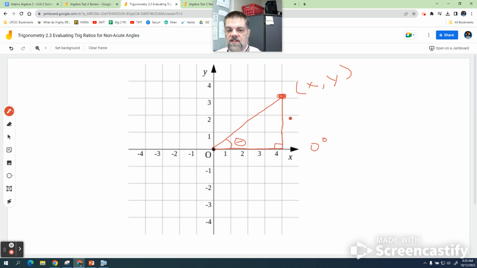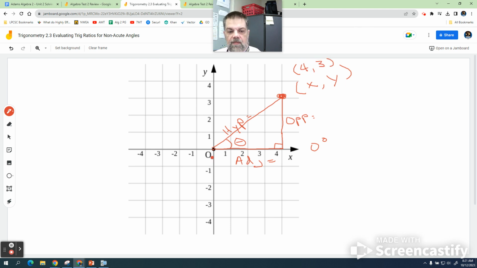In terms of a right triangle, this is the opposite side, and this is the adjacent side. And the one across from the 90-degree angle is the hypotenuse. But it lives in the xy plane. So the point right here that I have graphed is actually 4, 3.